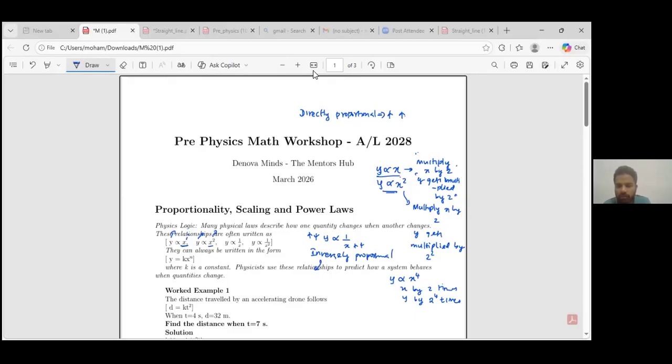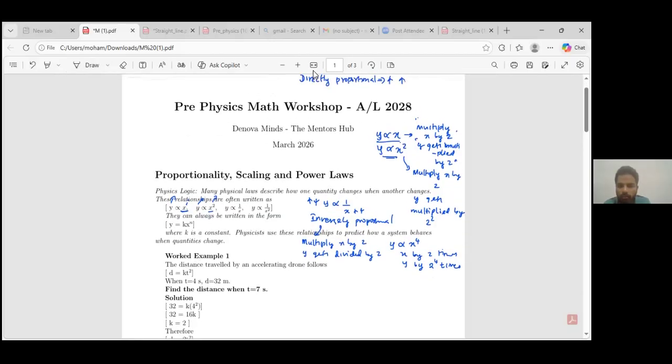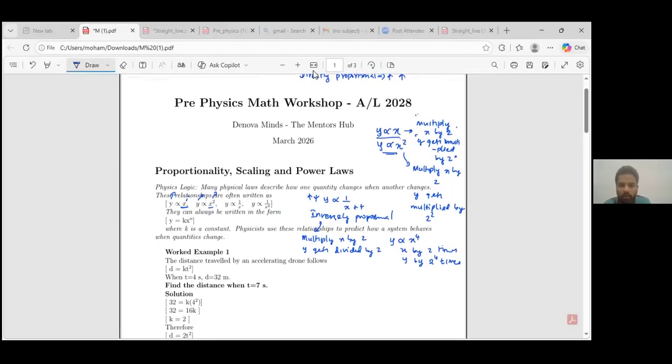So it works like this. If we have this relationship y is proportional to 1 over x, if I multiply x by 2, y gets divided by 2. On the other hand, let's say we have a relationship y is proportional to 1 over x squared.